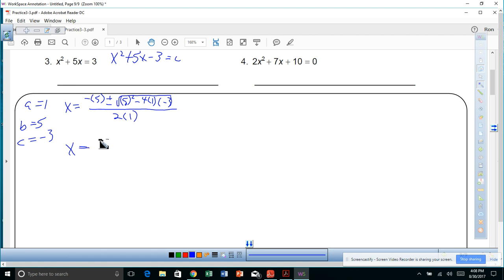So x equals negative 5 plus or minus the square root of 25 plus 12 over 2.